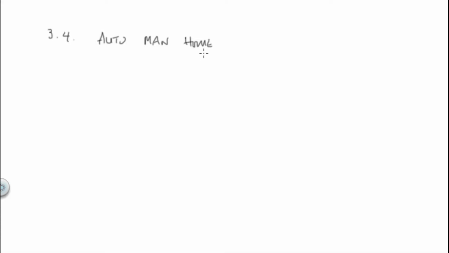So if you are interested in doing that, these take time. These are not easy labs to do, but you could spend quite a little bit of time writing the state diagram for the auto mode, the state diagram for the manual mode, the state diagram for the homing mode for either number 3 or number 4, and that would take quite a little bit of time, but it can be done.